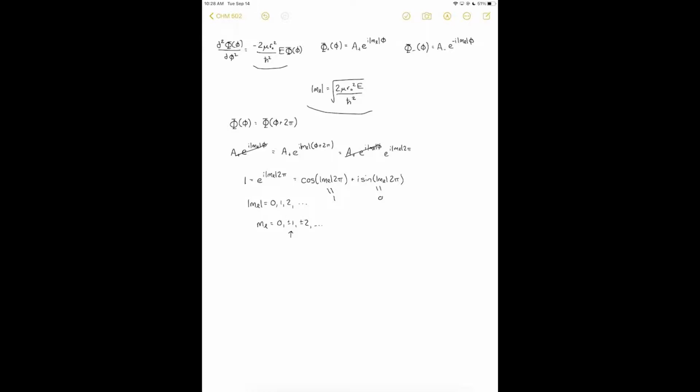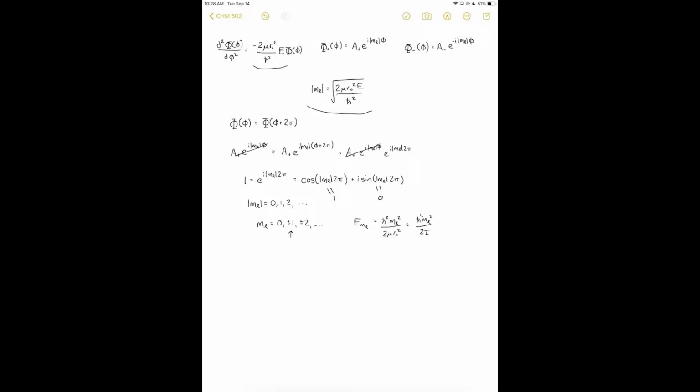Either case will give us that the energy, depending on the quantum number m sub L, is equal to h bar squared m sub L squared over 2 mu r naught squared, or we can write that as h bar squared m sub L squared over 2 times the moment of inertia I.